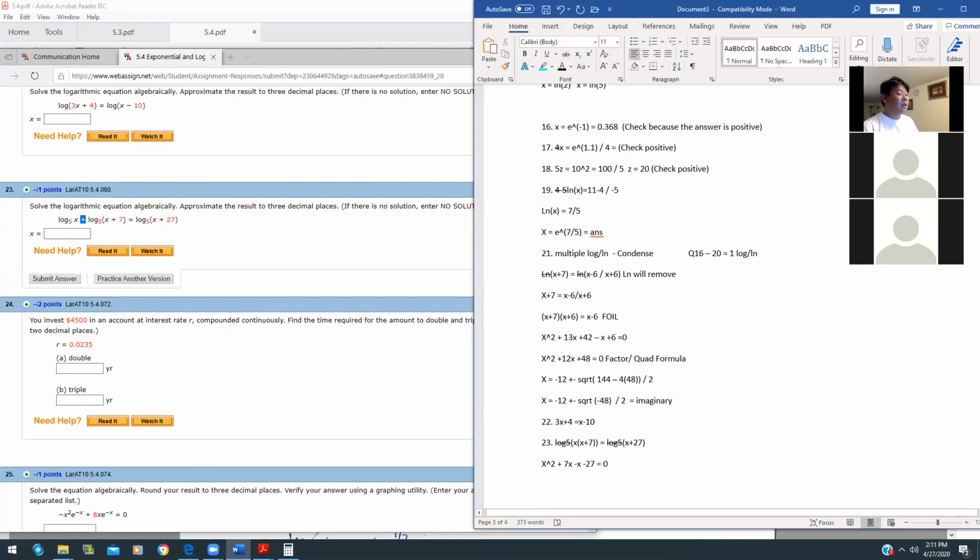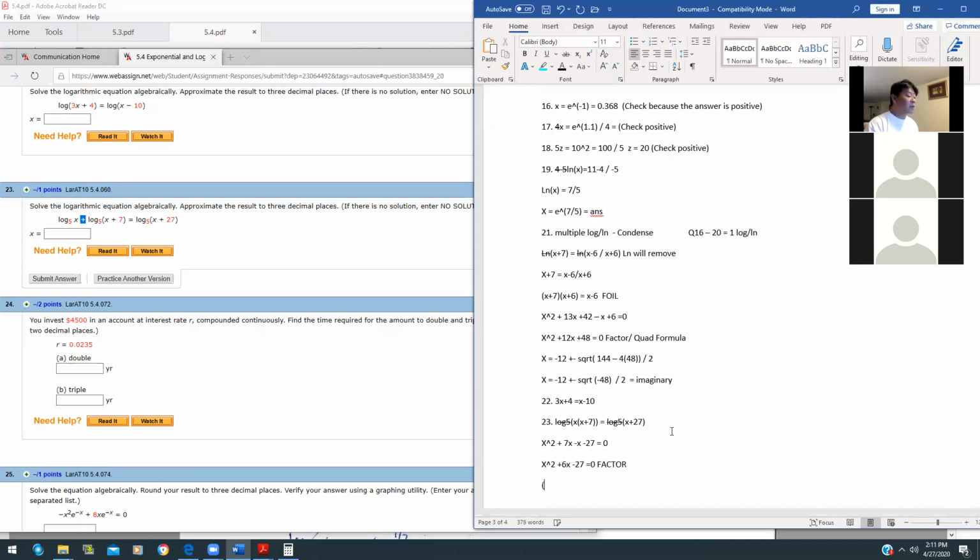So what you do here is, again, quadratic. So make it in standard form, x squared plus 6x minus 27, and then you have to factor this. I think this one you can factor. Yeah, this one can be factored. Can someone tell me 27 is what times what? This one has an extraneous solution. That's why we're going to go through this.